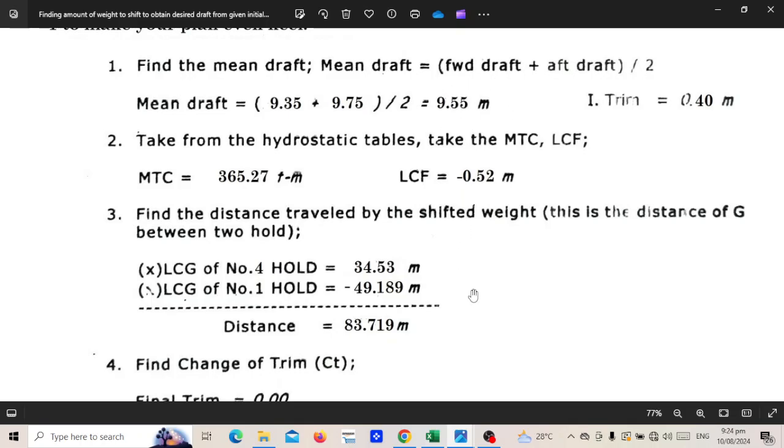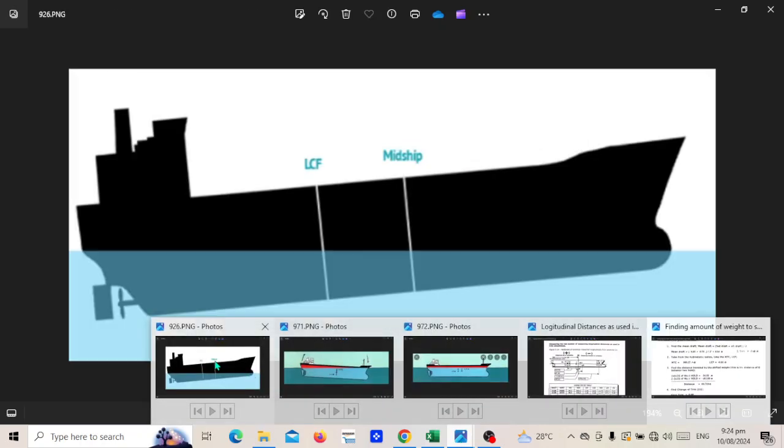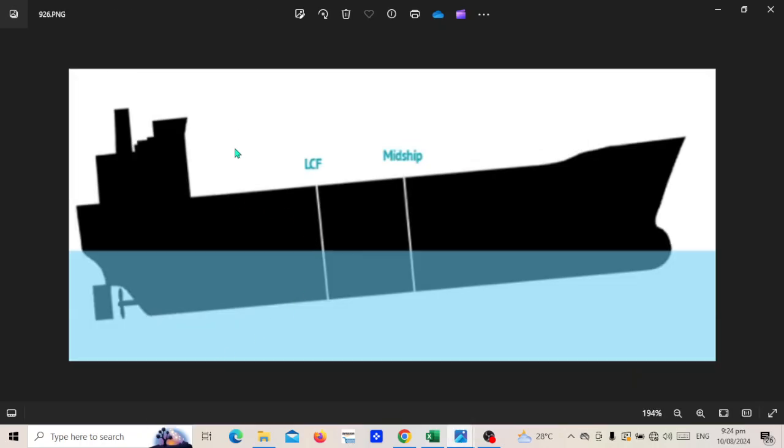Because we only shifted the weight to hold number 1. So the main draft will never change, will always be the same. Even if you put the weight here in, let's say, number 3, number 2, and number 1, the main draft will always be 9.55. It will never change.